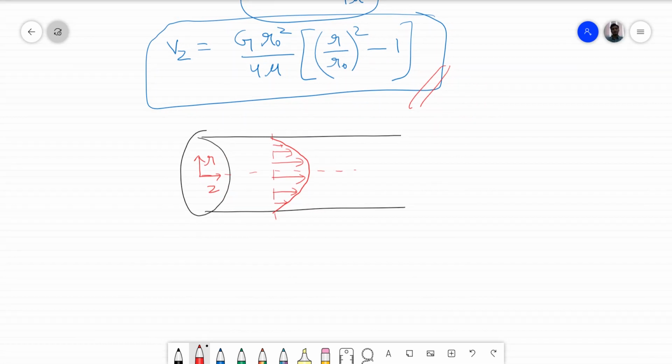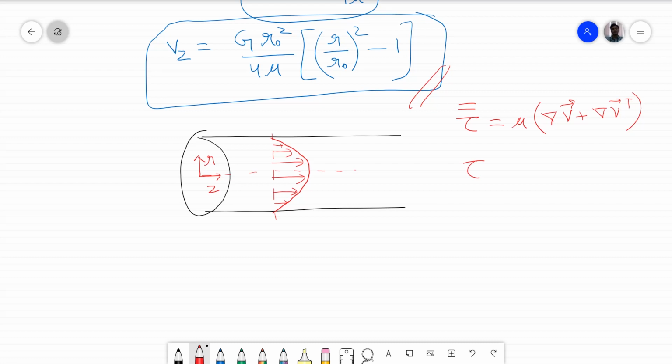Now there are several things you can find out for this flow. One of them is the shear stress field in the fluid and the shear stress applied on the pipe. So what is the shear stress applied on the pipe? You have to go back to the formula for shear stress, which is del V plus del V transpose, and convert this in the polar coordinates and get a formula for tau. Now what are the subscripts?